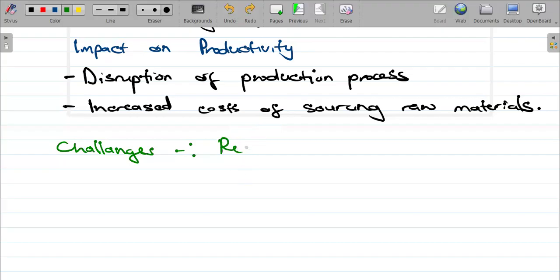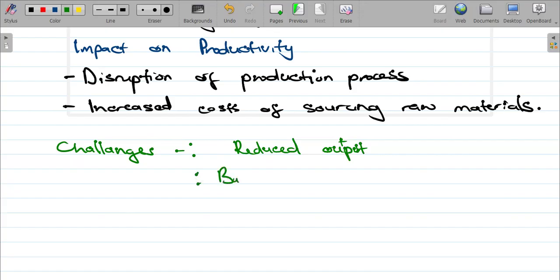All right, so reduced output. And then, due to the scarcity of natural resources, the business might also close down, to shut down.